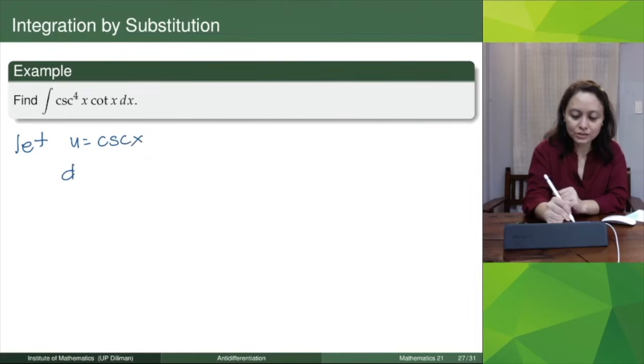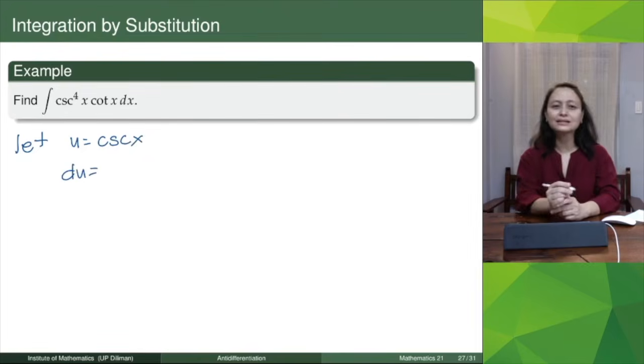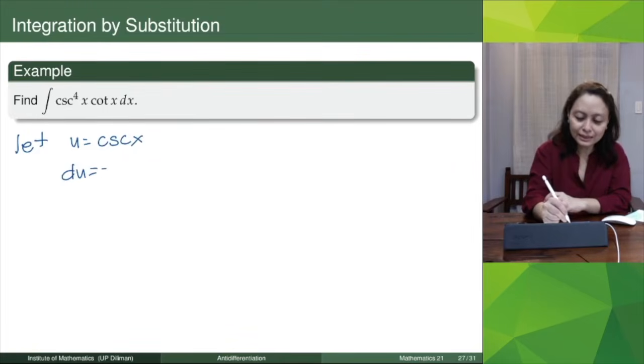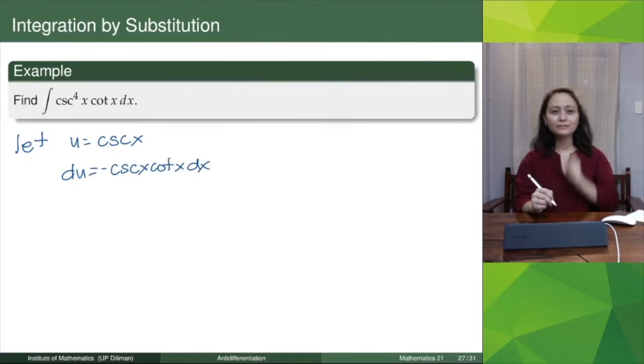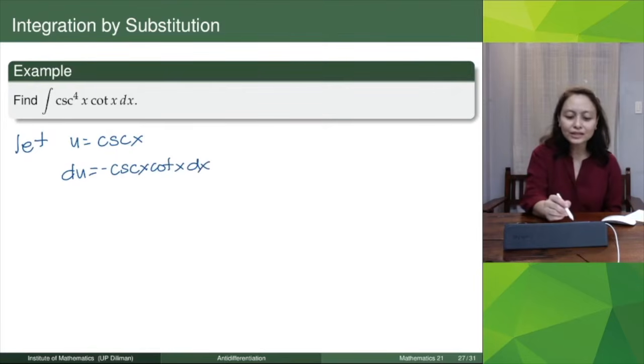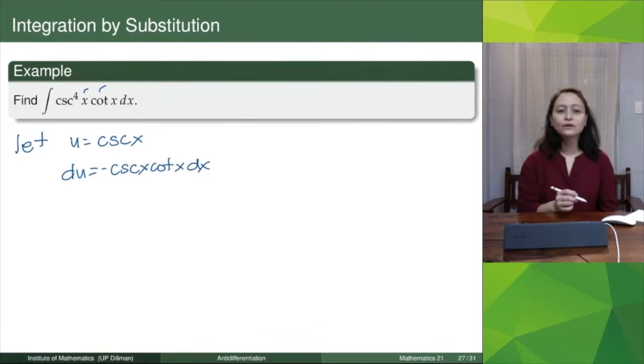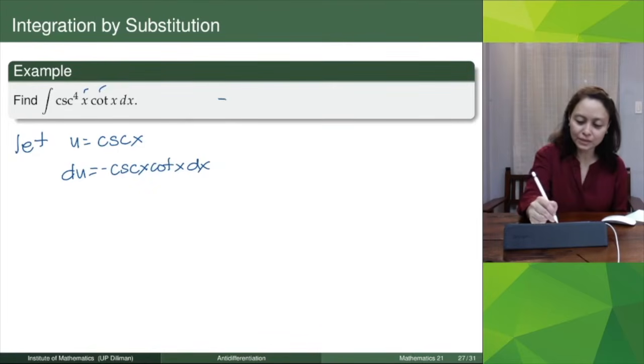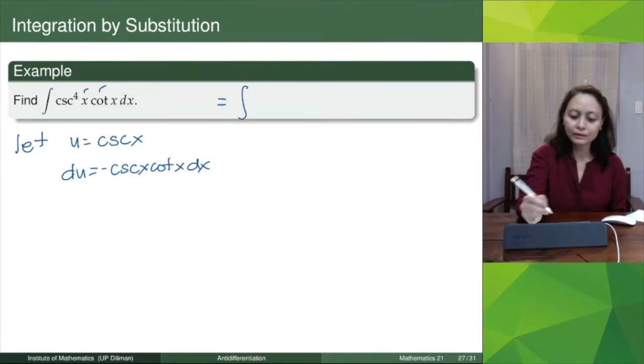So if u is cosecant x, ang derivative nito ay negative cosecant x cotangent x dx. Tama? O, meron naman tayong cotangent x, meron din tayong cosecant x. I-rearrange lang natin yung terms para mas obvious yung u. Okay, kunin natin yung isang cosecant.